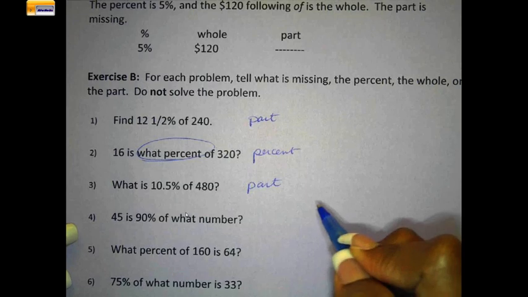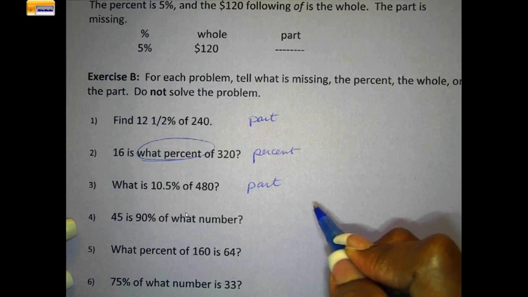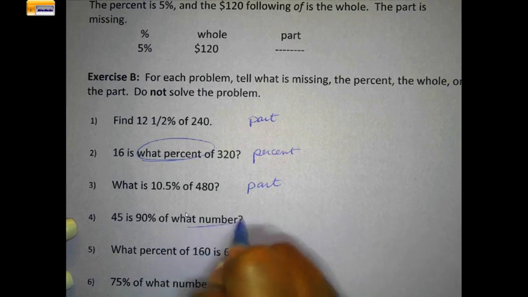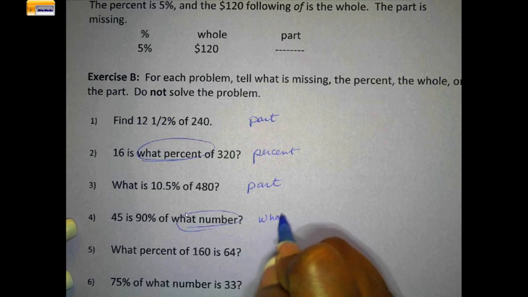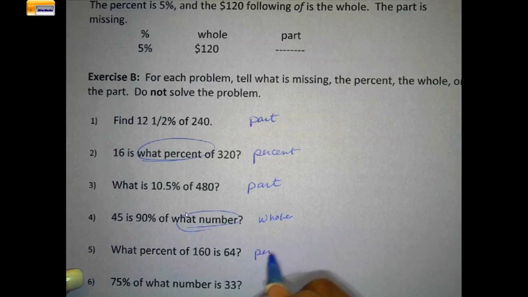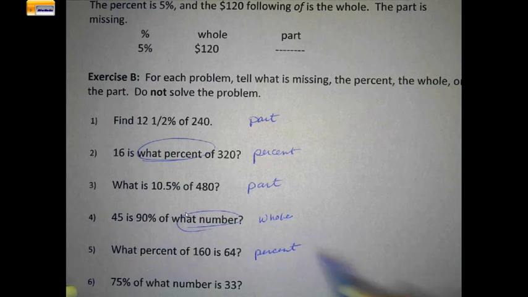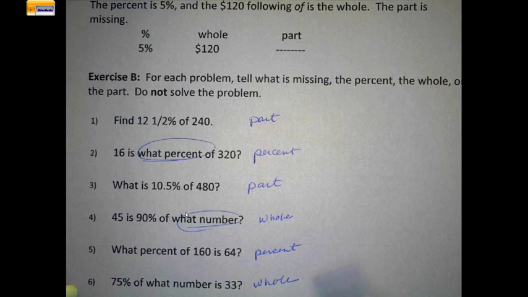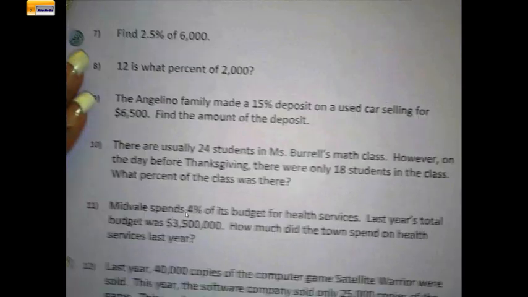Number 4, 45 is 90% of what number? That's the whole. Okay, number 5, what percent of 160 is 64? And number 6, 75% of what number is 33? Whole. Okay? Now, this continues on the next page.